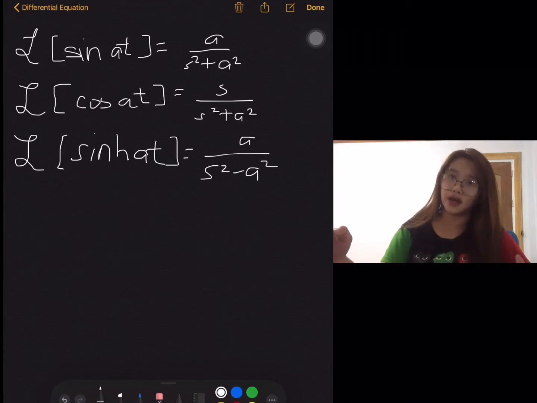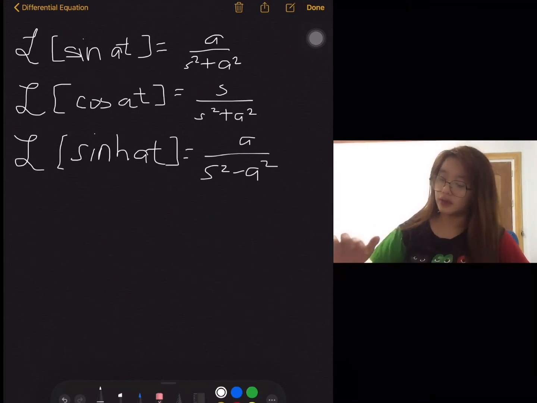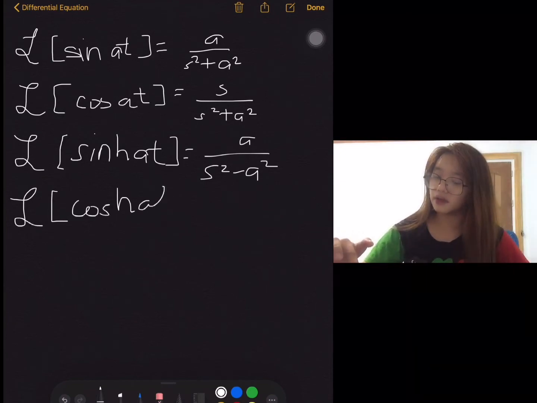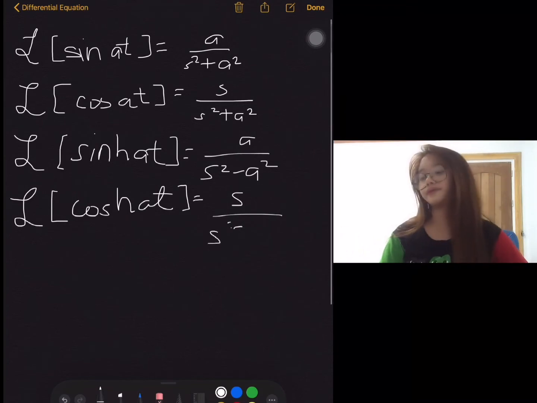Hyperbolic ones have the s squared minus a squared denominator. Look at this one. The Laplace transform of hyperbolic cosine, cosh at, is equal to s over s squared minus a squared.